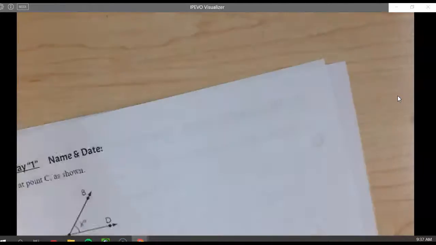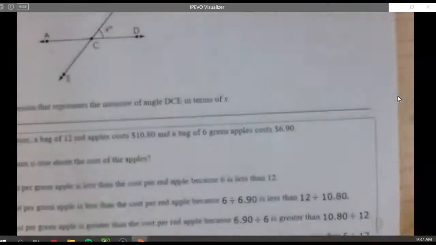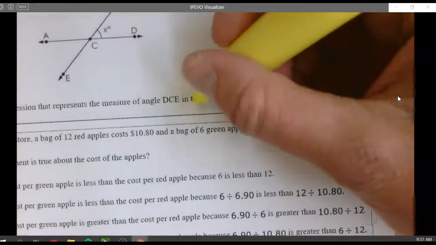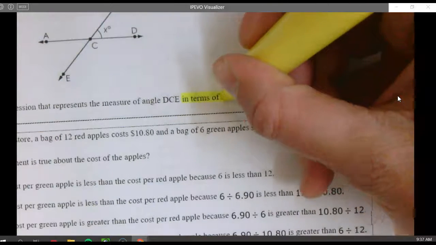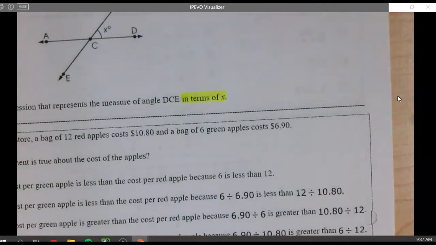Guys, I want you to look at this top problem just on your own for a second. But the thing I'm going to tell you we are going to highlight is in terms of X. I'm just going to highlight stuff up here, but I want you to think about it for a minute on your own. I'm actually going to give you probably a couple minutes because I feel like I've been doing too much talking.